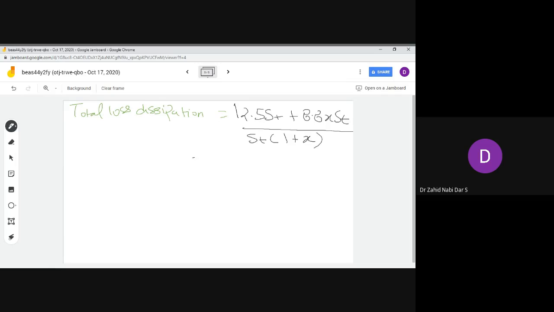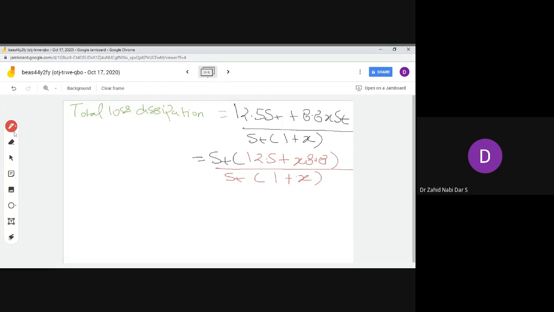Here we can take st common inside the bracket, we can write 12.5 plus 8.8x, over st times 1 plus x.